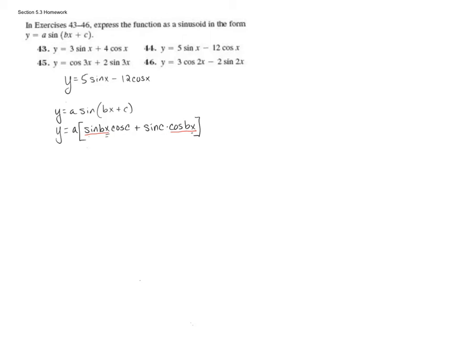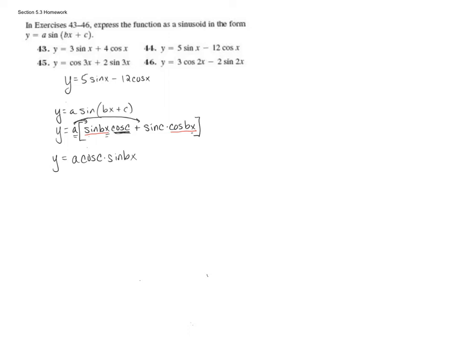So we're going to distribute this a into this quantity, to the first term and the second term. But I'm going to put the constant terms together in the front. In this first one, a is constant, and this cosine of c is constant. So I'm going to put those two in the front, and that's getting multiplied by the sine of bx.